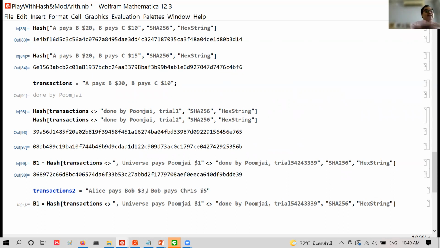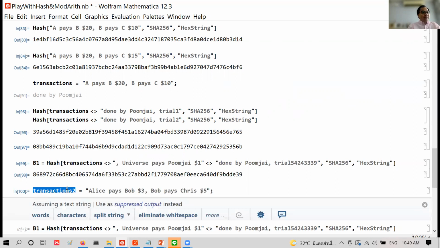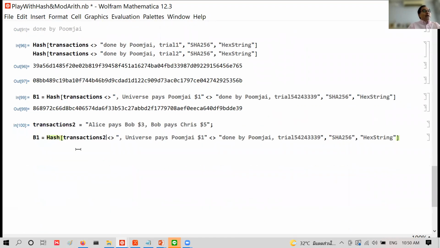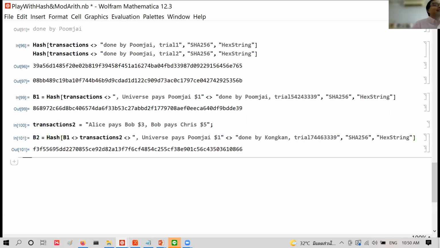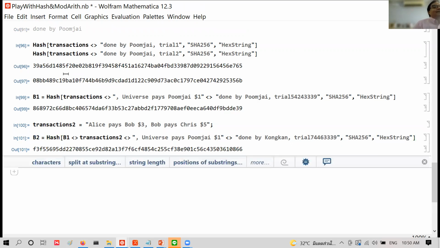That's my second transaction. So what I'm going to do is once again do this. Now, instead of having transaction 1, which is already frozen, I'm going to freeze transaction number 2. But in order to freeze transaction number 2, I have to put the hash of number 1 first. And let's say this is done by Gong Kan and trial 75 million something. I'm going to again pretend this is 0. So this is now frozen.